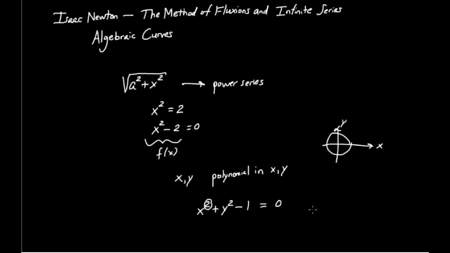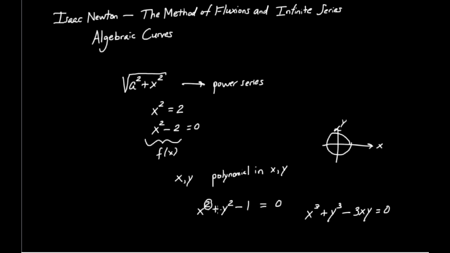But what we're going to consider are more exotic algebraic curves. For example, we might have an algebraic curve which looks like this: x cubed plus y cubed minus, let's say, 3xy equals 0. And it's not quite so obvious what this graph is going to look like.